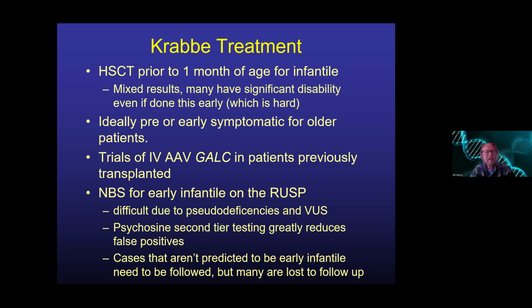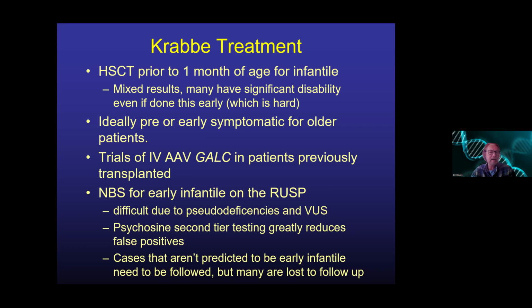So newborn screening is on the RUSP for the infantile form, but not for everything. So how do you do that? I don't know. Because you're going to get these low enzyme levels, and it's difficult due to pseudodeficiencies and the variants of unknown significance.